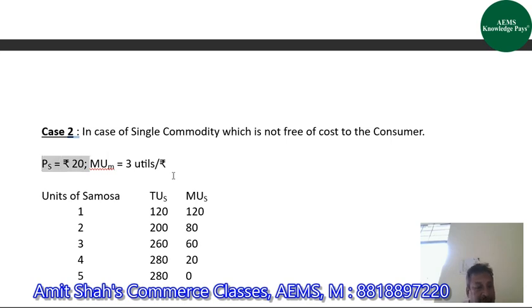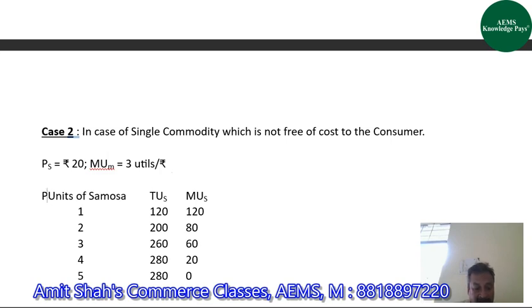Price of samosa is rupees 20 and consumer's MUM is 3 utils, means 3 utils per rupee. Means by spending 1 rupee, he expects satisfaction of 3 utils. Am I clear? By spending rupee 1, he expects 3 utils. That is what is called MUM. We have seen that in our last class. Marginal utility of money. Right?